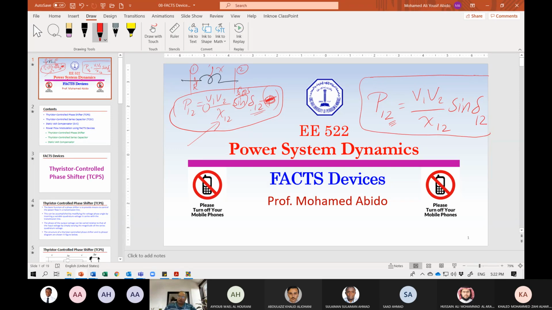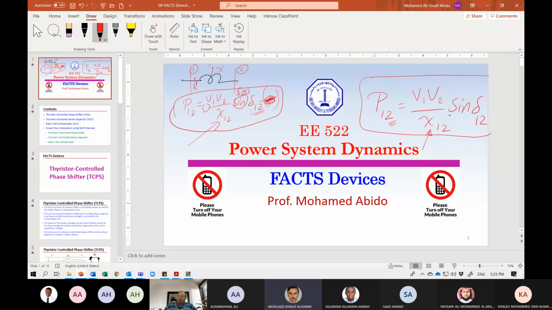What are the factors that affect the power transfer? What do you think, based on this equation? Ramadan? It's the equivalent reactance. Equivalent reactance, this is a limiting factor. Yes. What else? Hussein, Khalid, Abdulaziz?